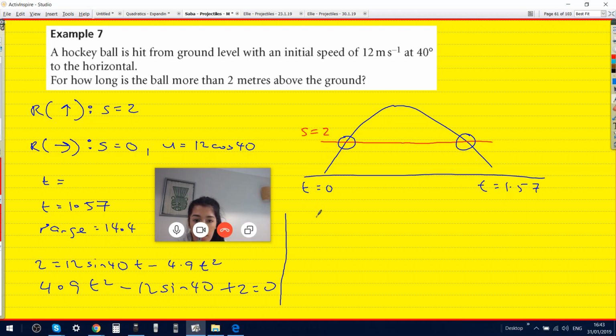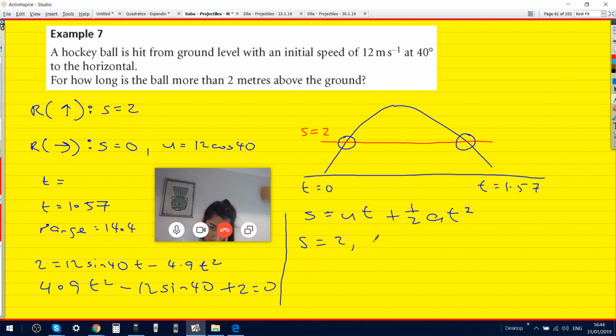I used s equals ut plus a half a t squared. Okay. What is s? 2.